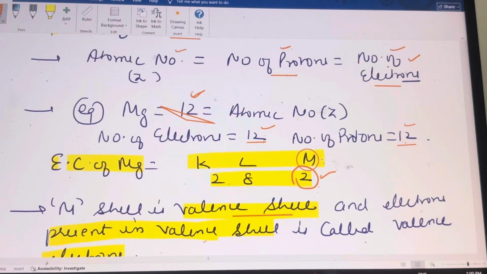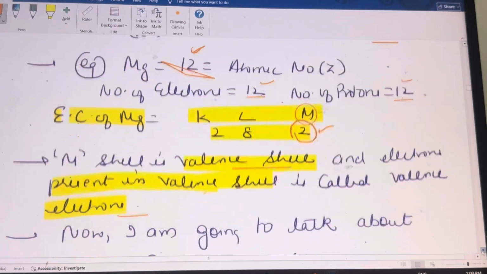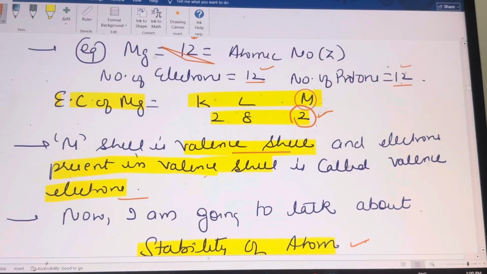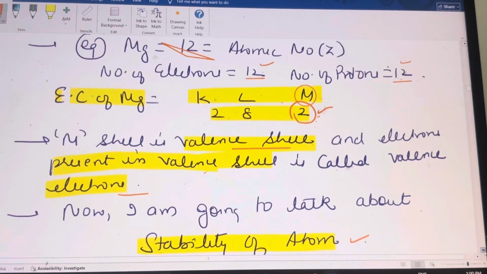The M shell is the last shell, and the electrons present in the M shell are called valence electrons, because the last shell is called the valence shell. Now I'm going to talk about the stability of atom.